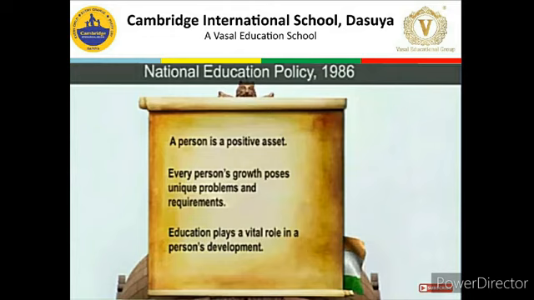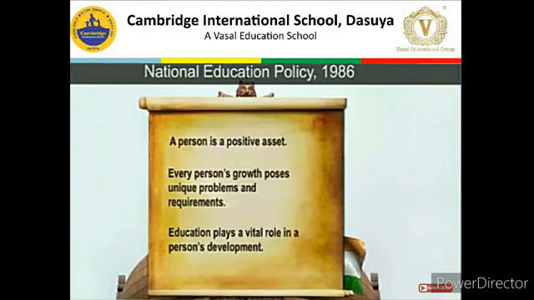Let's talk about what the National Education Policy of India states. National Education Policy 1986 states that a person is a positive asset. Every person's growth poses unique problems and requirements. Education plays a vital role in a person's development.